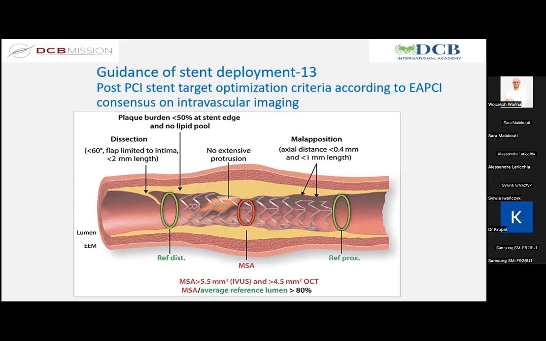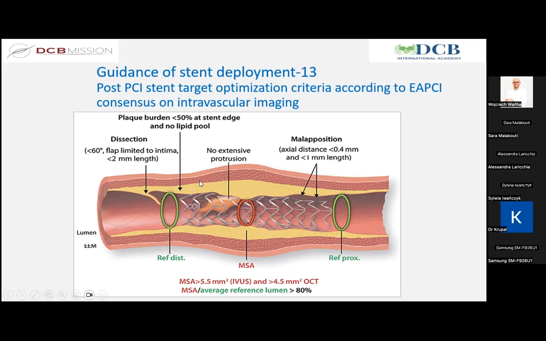These are the targets for optimization criteria according to the European Association of PCI consensus on intravascular imaging. First, about stent expansion, minimal stent area by OCT of more than 4.5 square millimeters, or minimal stent area more than 80% of the average reference lumen.